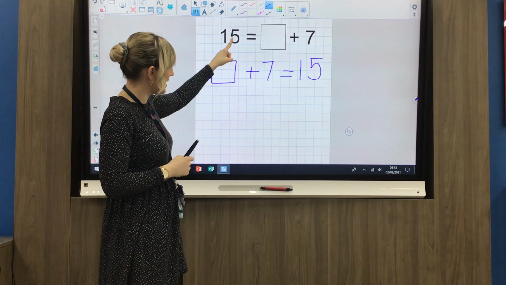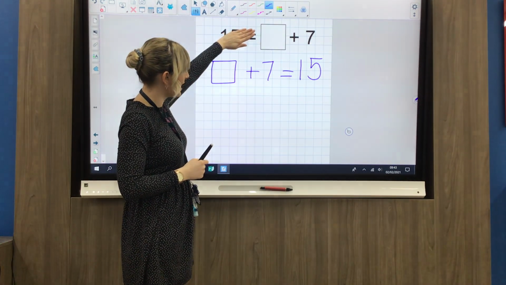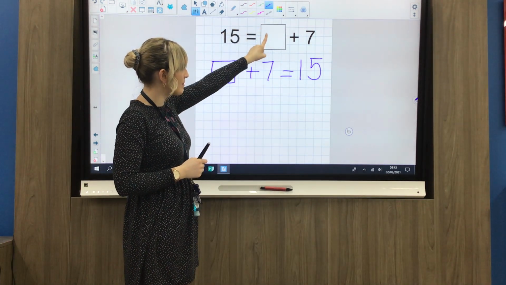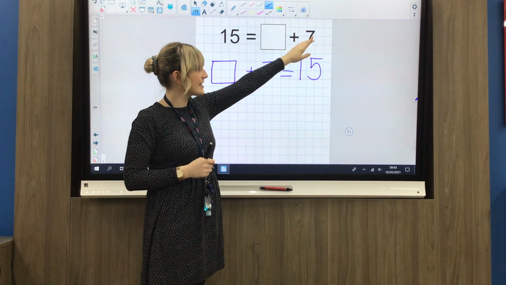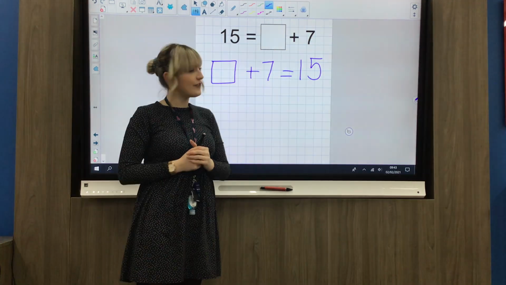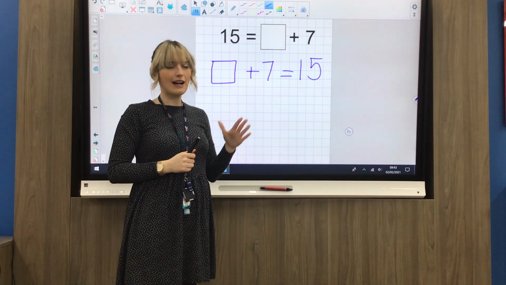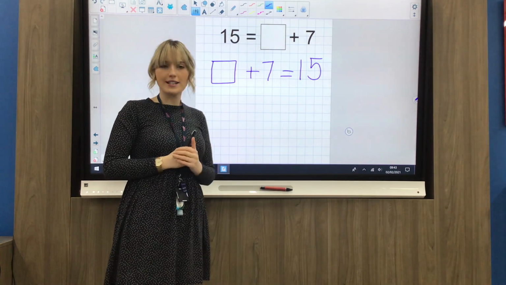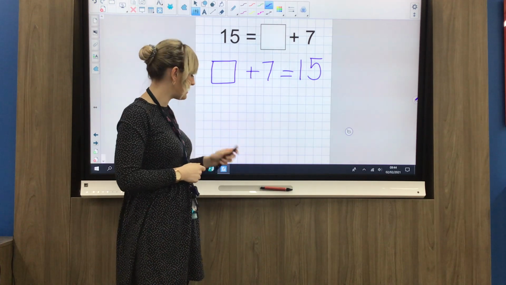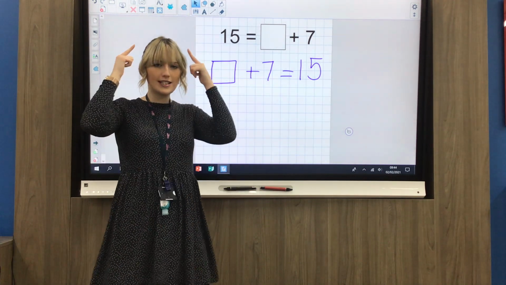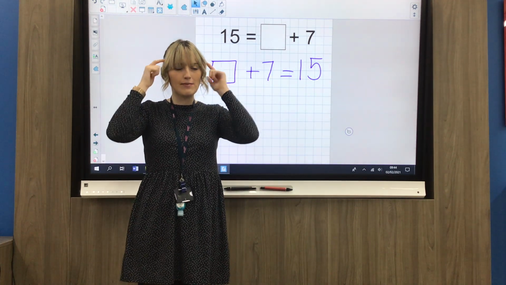So let's look at it. Let's cover up the answer and just work out this bit. So something add 7 we know is 15. So if we've already got 7, we need to count up until we get to 15 to find out what we added. Okay, so we've already got a 7. Let's put 7 in our heads. Make sure you're counting with me.